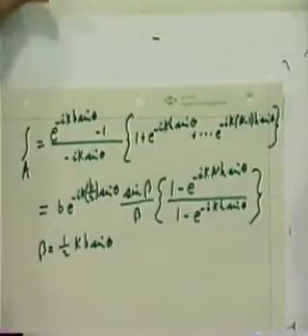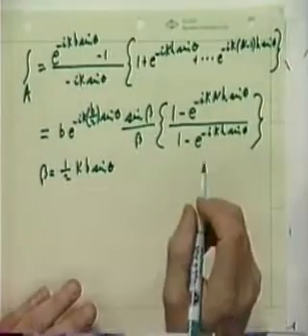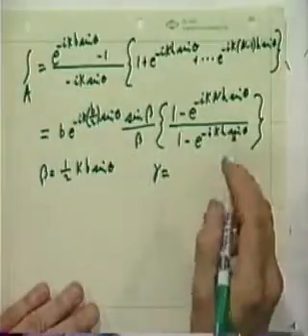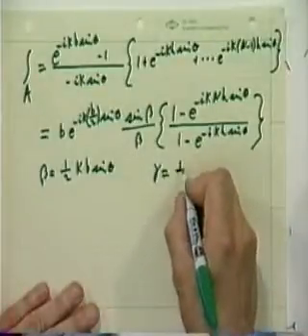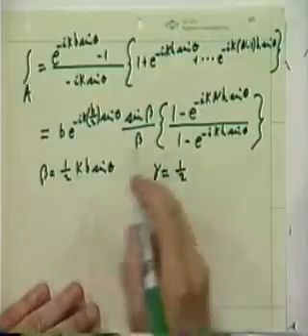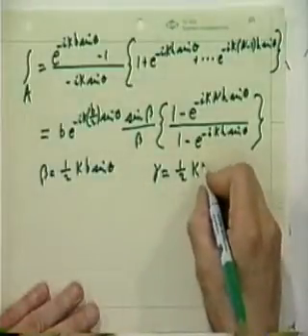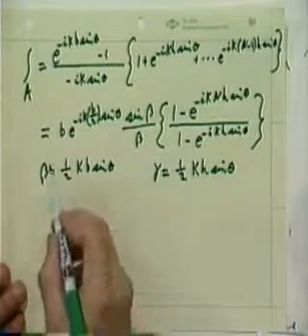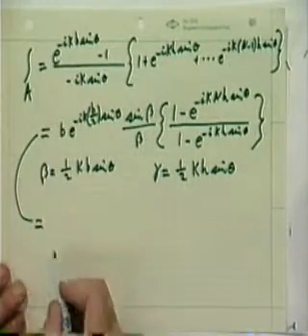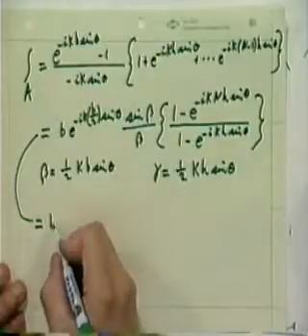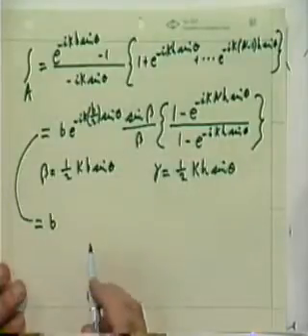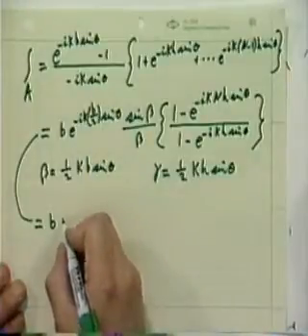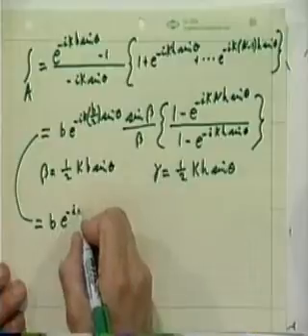And now to go to the next step, we're going to make another definition here. We're going to define a thing called gamma, which is going to be 1/2, similar to this beta, but it's 1/2 k h sine theta. And then if that's true, then we could rewrite this. Well, we have a b out in front. This is just e to the minus I beta.